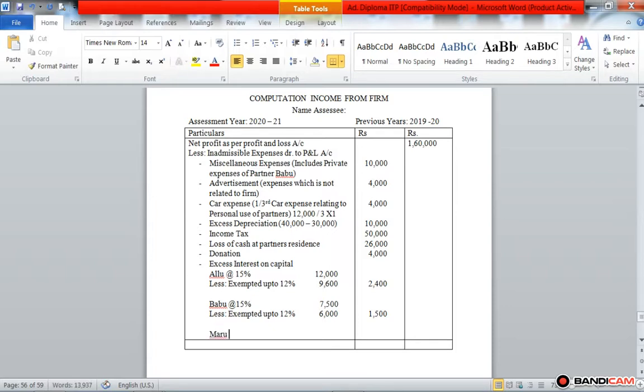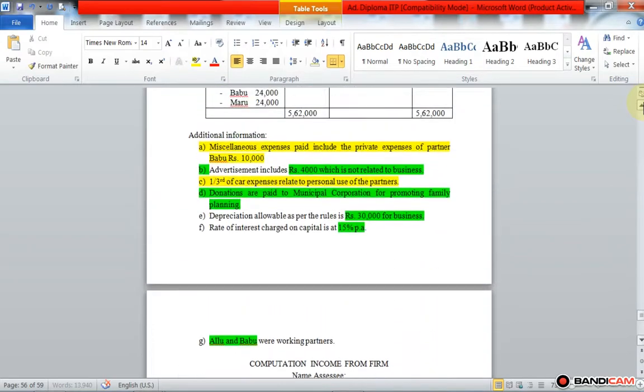Then Maru, at the rate 12%, amounted to rupees 10,500. Again we confirm the interest is given to Maru.